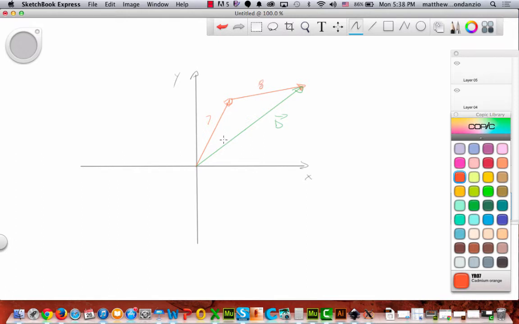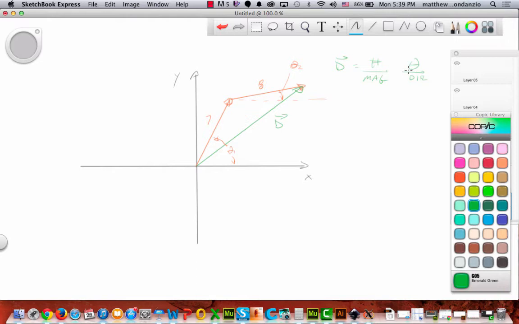And let's call this first angle theta 1 and this one theta 2. Ultimately, we need to know the displacement vector, d, which again is a magnitude and a direction, which means that we're going to have some sort of number and some sort of angle.